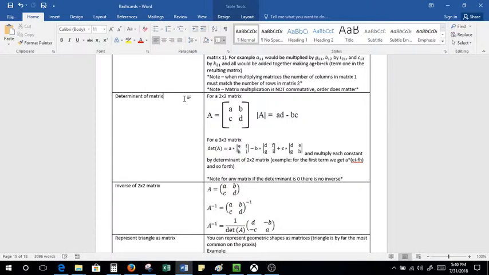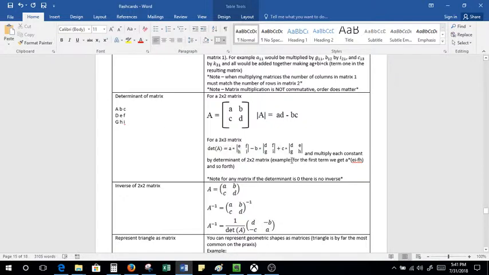For a 3 by 3 matrix, just to give you an idea, the matrix is A, B, C over D, E, F over G, H, I. So you do the first term A times the determinant of E, F, H, I, then B times D, F, G, I, and then C times D, E, G, H. So A by the lower right, B by the outside items, and C by the lower left.